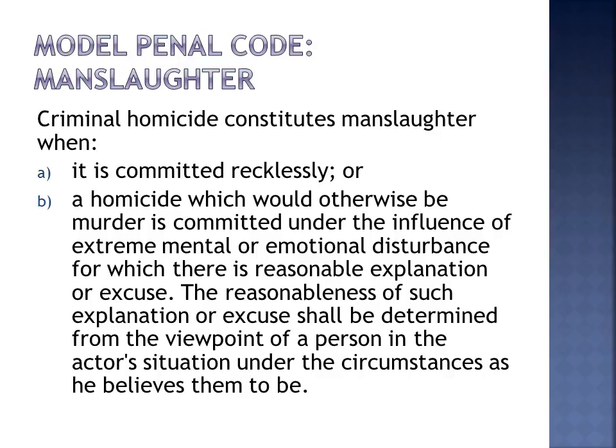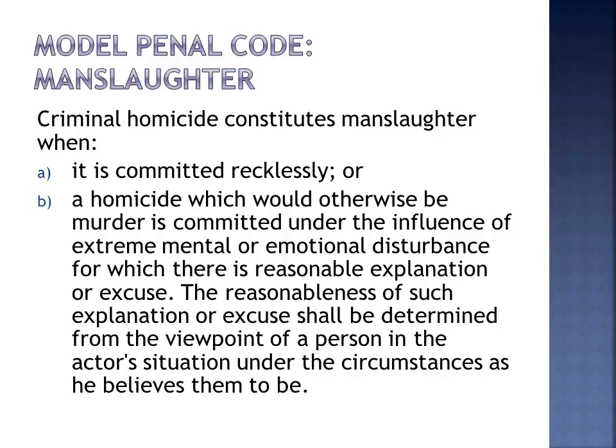So Part B under manslaughter deals with the heat of passion, as we commonly call it, the heat of passion killings. So these are where the killer did act purposely or knowingly to cause the death of another human being, but there was some extreme mental or emotional disturbance which provided an explanation or excuse.